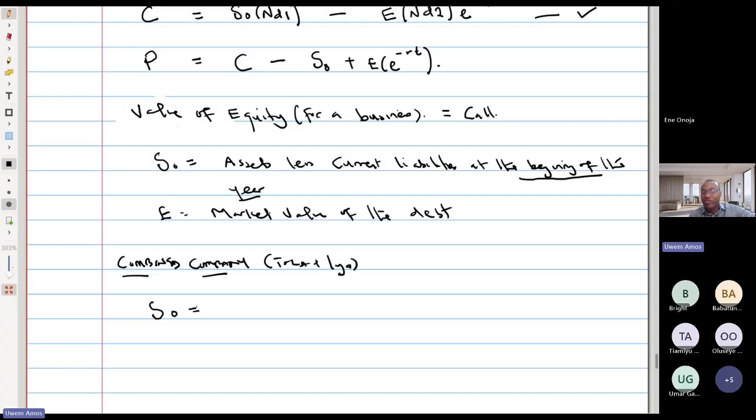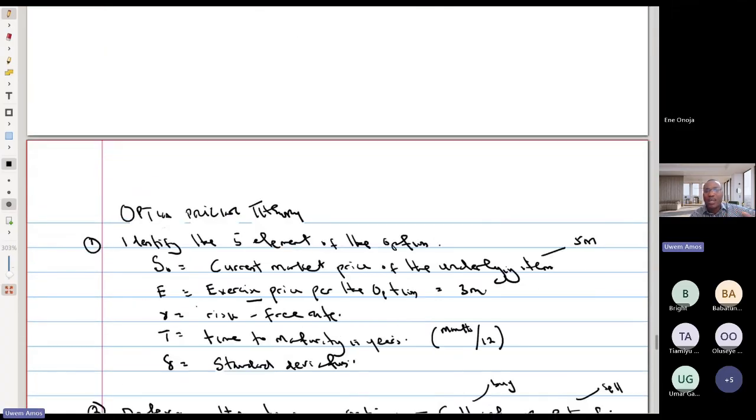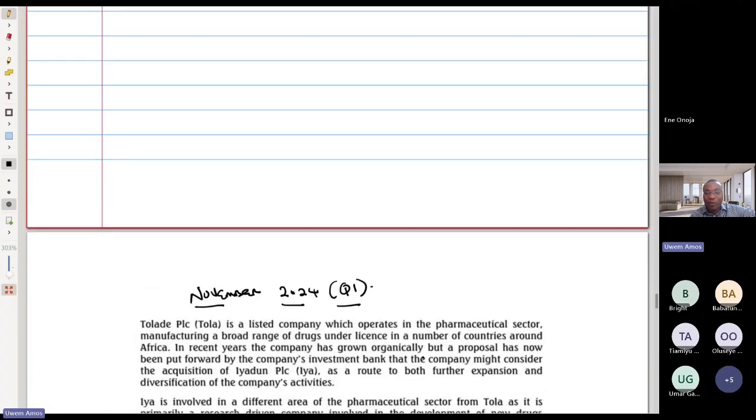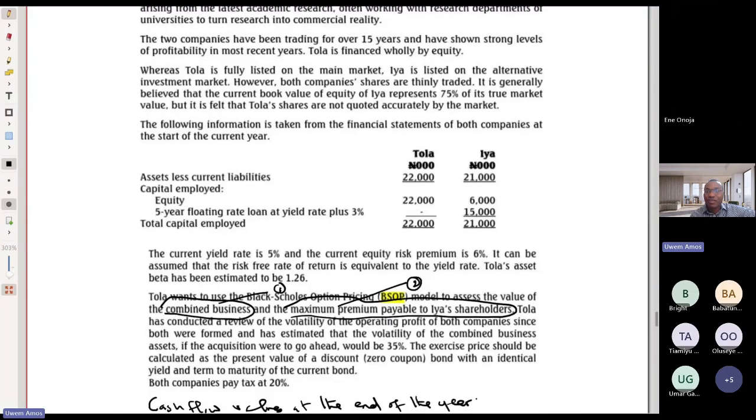So can we go back and pick just that information without being distracted by anything else? The following information is taken from the financial statements of both companies at the start of the current year, which is what we're interested in. So what is our asset less current liability for both companies at the beginning of the current year? So we have assets right here. Where's that?